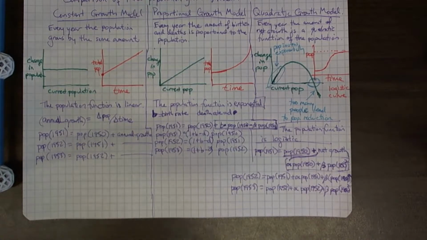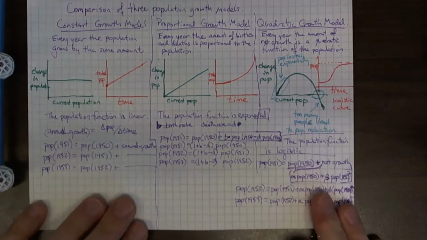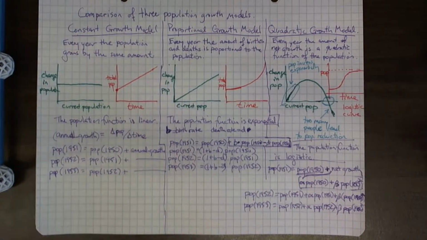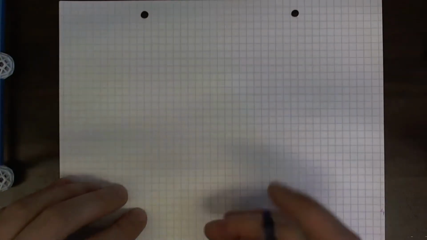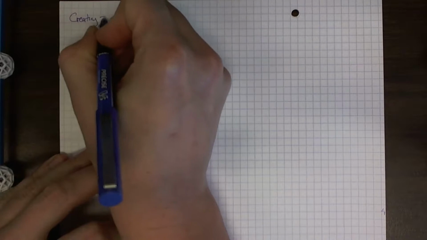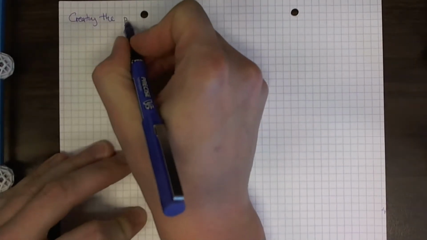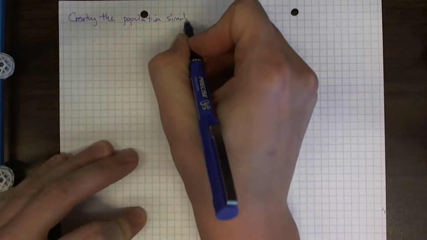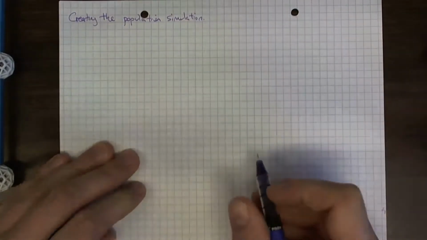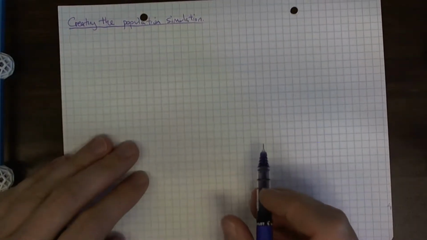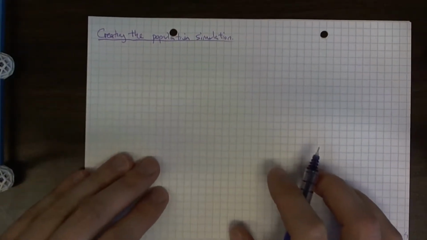All right, so let's talk about how we take this and put it into a simulation. In order to create the population simulation, we're going to use the same setup that we talked about last class.